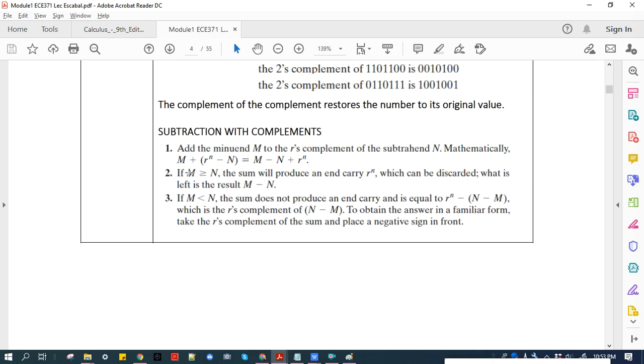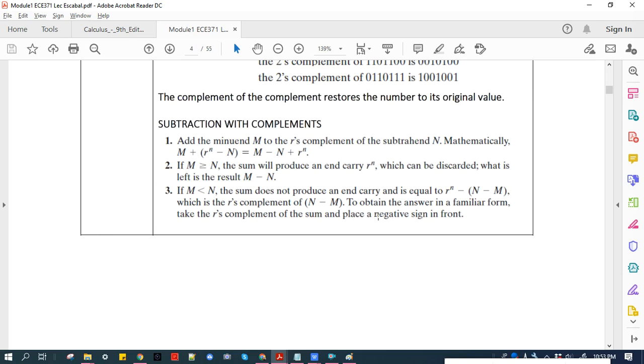It will be much easier if M is greater than N. But if the minuend is less than N, we have to take the r's complement of the sum and place a negative sign in front.